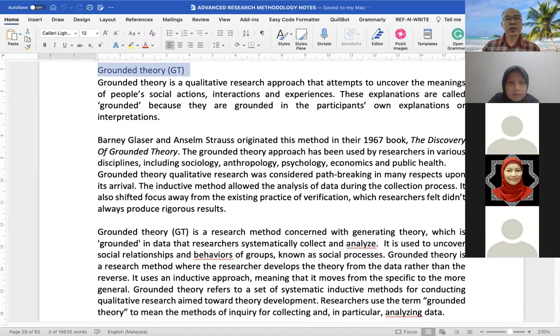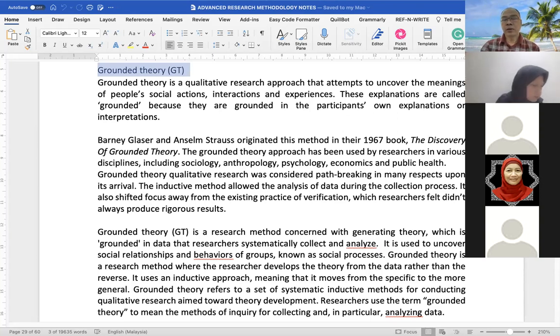So there are two reasons why we need to review this. The first reason is this topic, grounded theory, is, I think, an important research design in qualitative research.